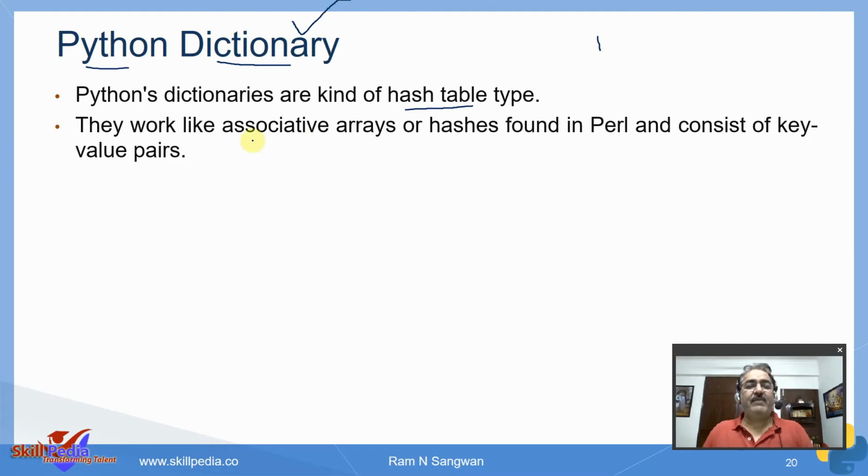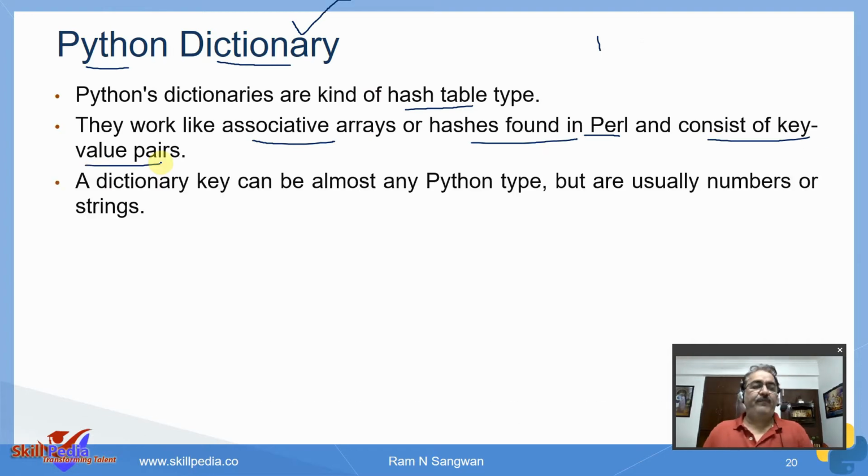They work like associative arrays or hashes found in Perl and consist of key value pairs. A dictionary key can be almost any Python type, but is usually a number or string. That does not mean it is a rule, but usually we keep them as numbers or strings.